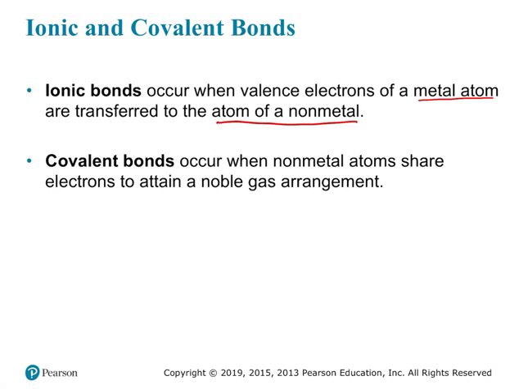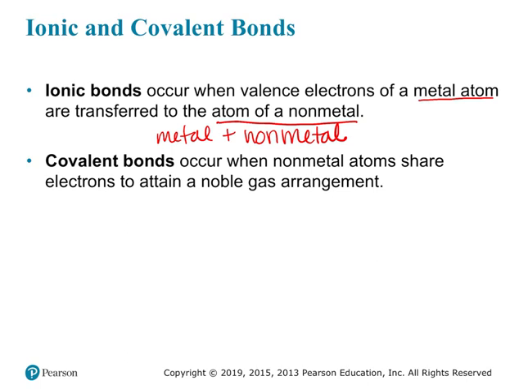So you might recall from our previous discussion that metals tend to lose electrons and nonmetals tend to gain electrons. So we can use that to our advantage and form ionic bonds. Okay, so ionic bonds occur between a metal and a nonmetal.